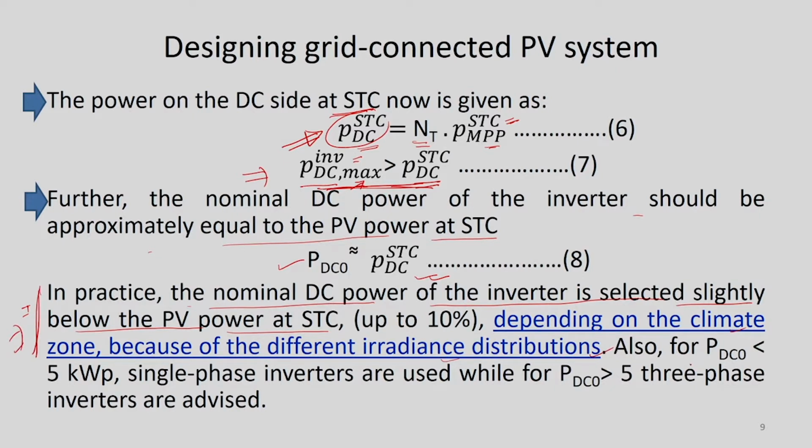Also, if PDC at nominal condition is less than 5 kilowatt peak, then single phase inverters are used, while if it is more than 5 kilowatt peak, 3 phase inverters are advised. This kind of design methodology we have to adopt for designing a system.